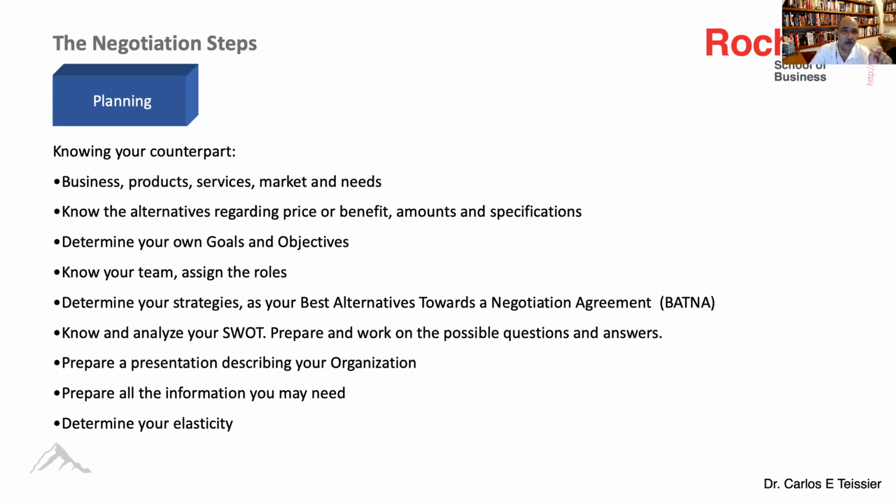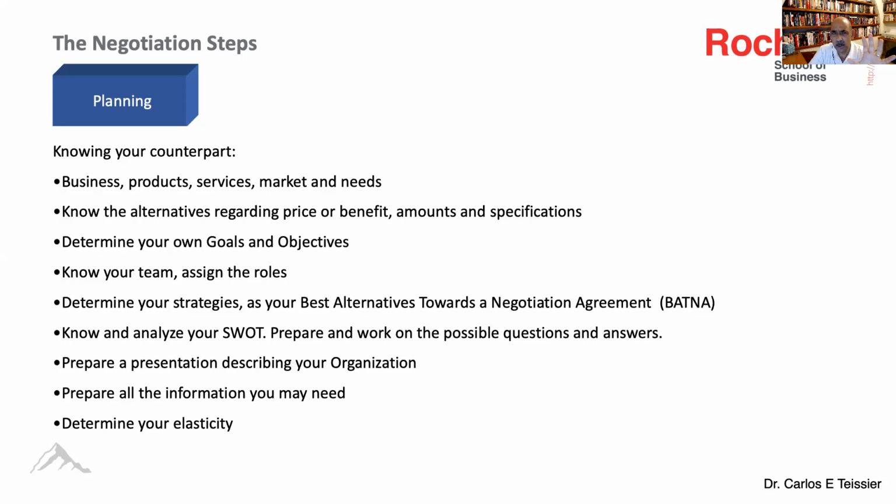What are those elements that are not part of your strengths? And you need to know them because you need to try to put them on the side. You need to try to take them away of the negotiation process because you know that you're not the best for those. Also, determine your elasticity in this stage.